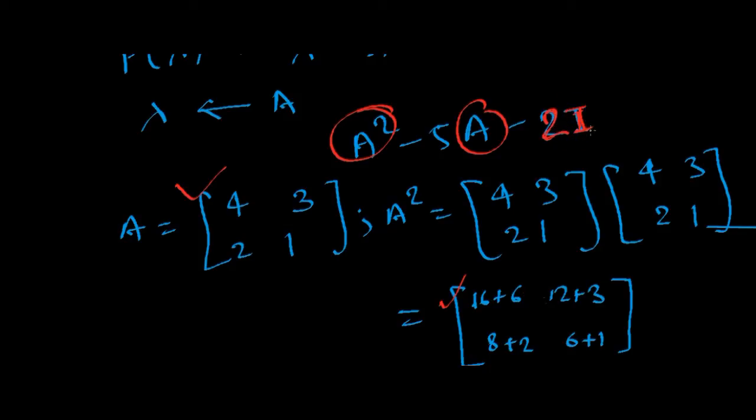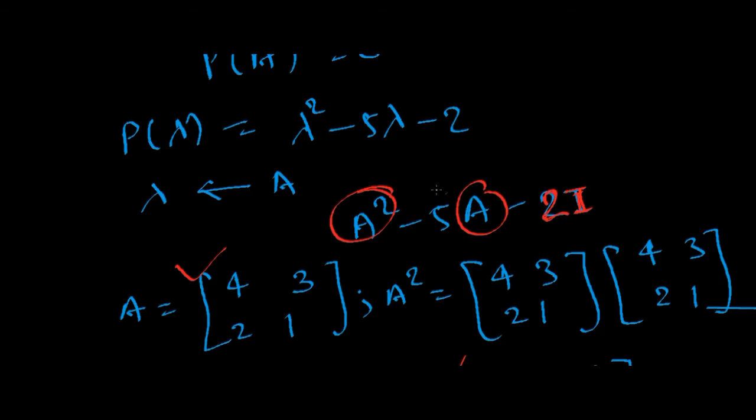When you apply the Cayley Hamilton theorem, always remember that when you have a constant in the polynomial, that constant gets multiplied by an identity matrix.